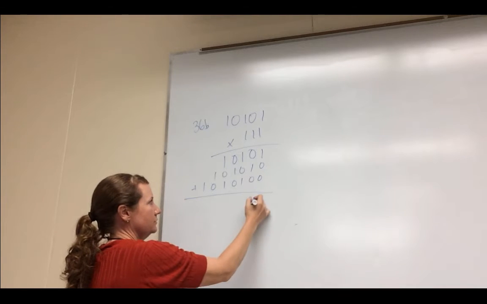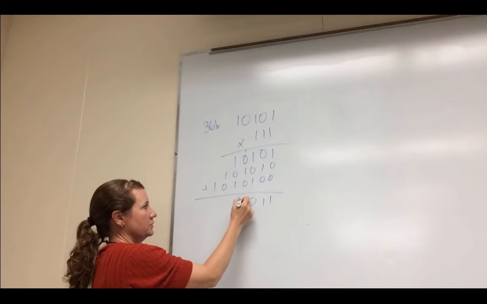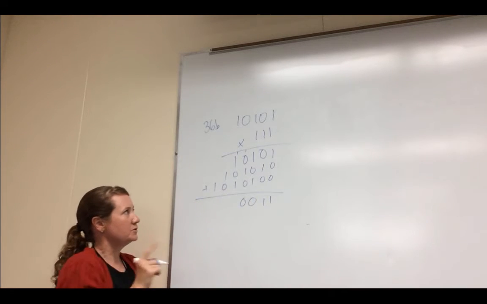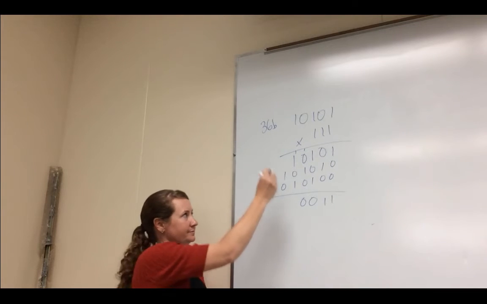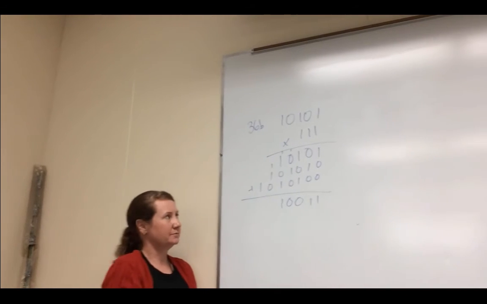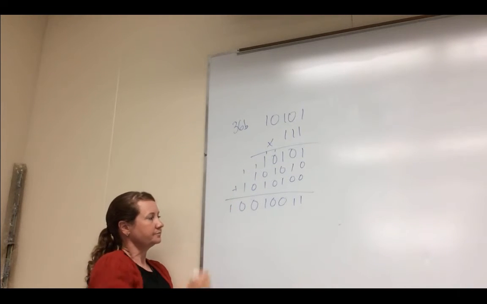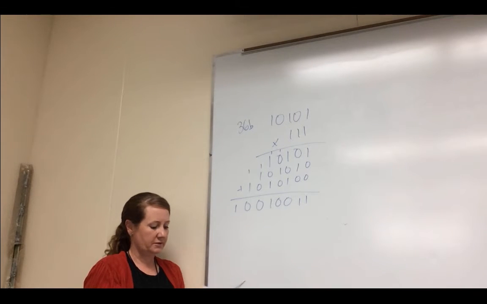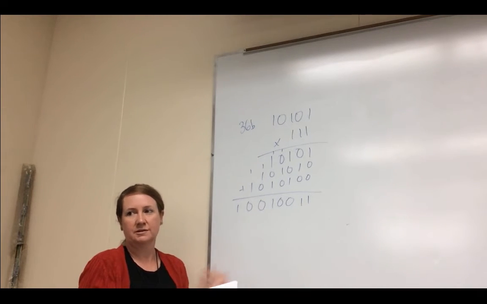So it'll be 1, 1. 1 plus 1 is 2. 1 plus 1 is 2. 1 plus 1 plus 1 is 3. And remember, 3 is represented by 1, 1. And then 1 plus 1 is 2. And 1 plus 1 is 2. And then what do we do with the overflow bit? Actually, they left it on our answers. We leave him in.